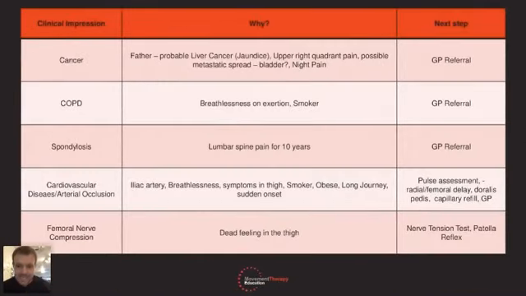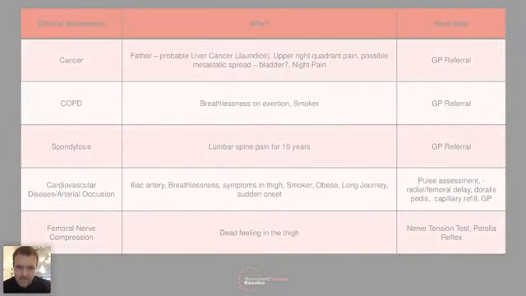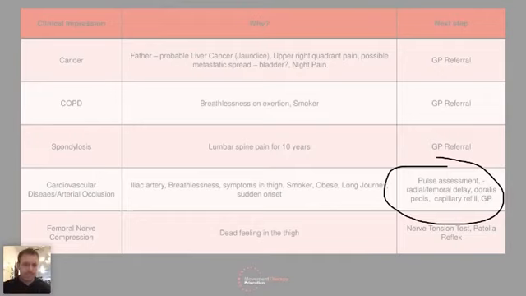In clinic, you can have a look at these things. So you can do a pulse assessment. You can check the pulses of the posterior tibial artery just behind the medial malleolus, so the inside ankle bone. And you can check the dorsalis pedis, which is one of the arteries on the surface of the foot. It's quite superficial, so it's quite easy to palpate that one.